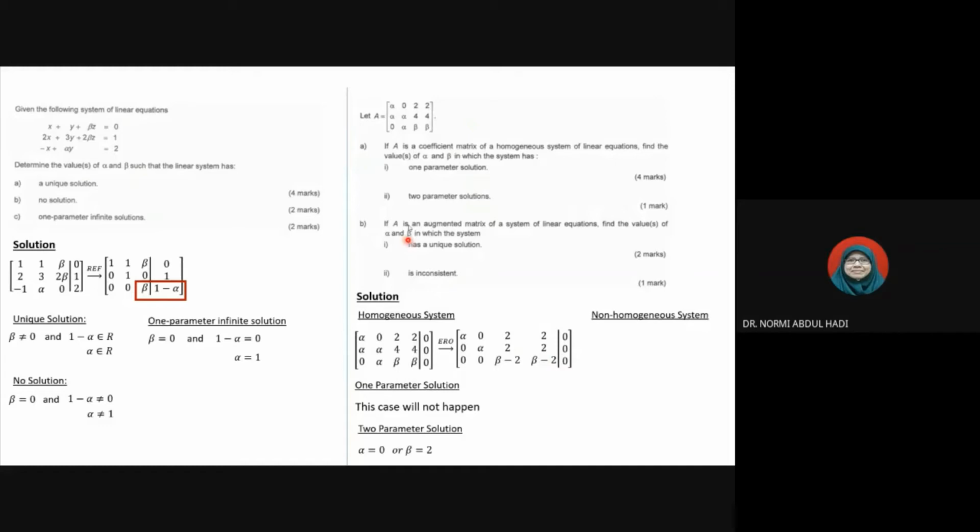Question B, A is an augmented matrix, therefore the last column is considered as matrix B. Unique solution happens when beta minus 2 does not equal 0. It suggests that beta does not equal 2.